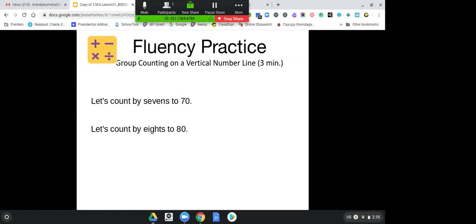But counting by 8s, we would start with 8, 16, 24, 32, 40, 48, 56, 64, 72, 80. I'll do that again. 8, 16, 24, 32, 40, 48, 56, 64, 72, 80.